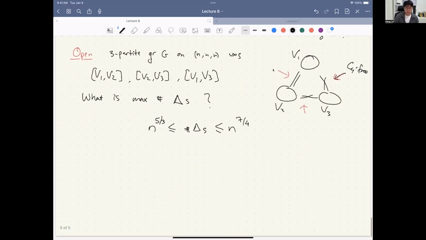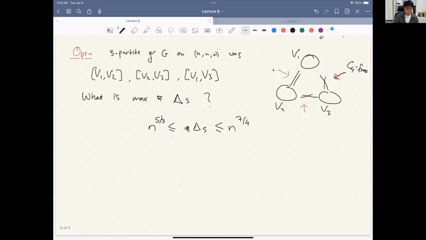Closing this gap, I think, will be interesting. This is the result of Kutter, Matthews, Emmons.